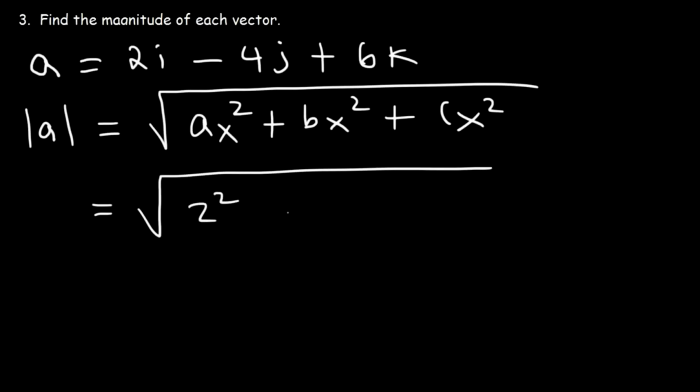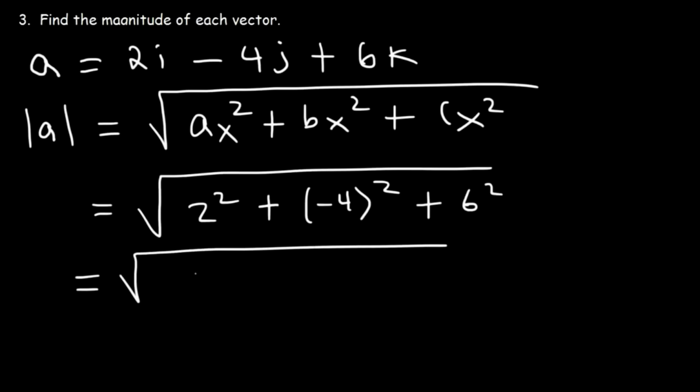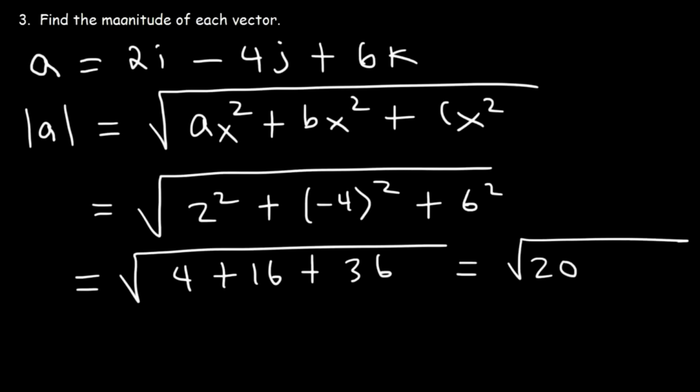So it's going to be 2 squared plus -4 squared plus 6 squared. Now 2 squared is equal to 4, that's 2 times 2. -4 squared, or -4 times -4, that's 16. And 6 squared is 36. 4 plus 16 is 20. 20 plus 36 is 56.